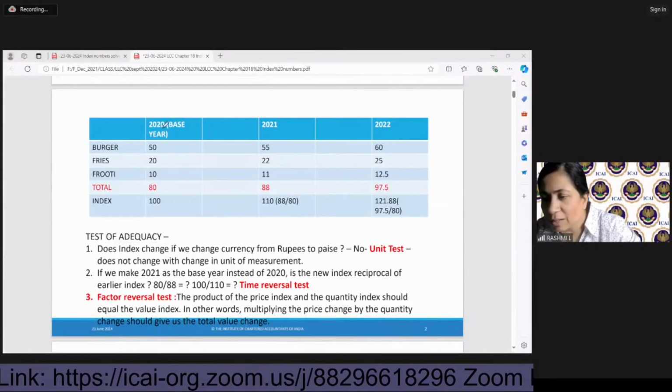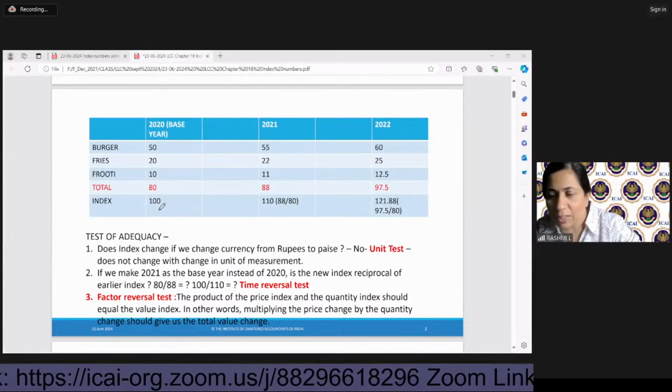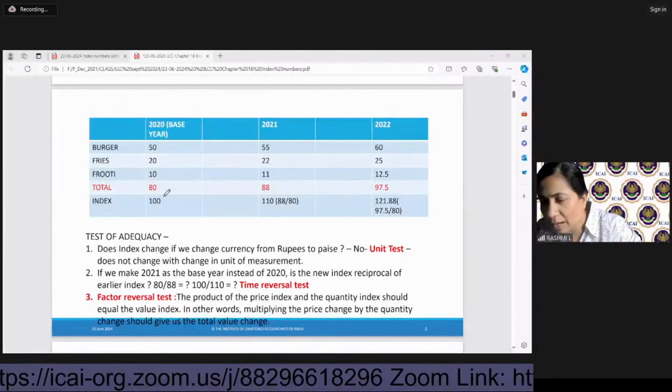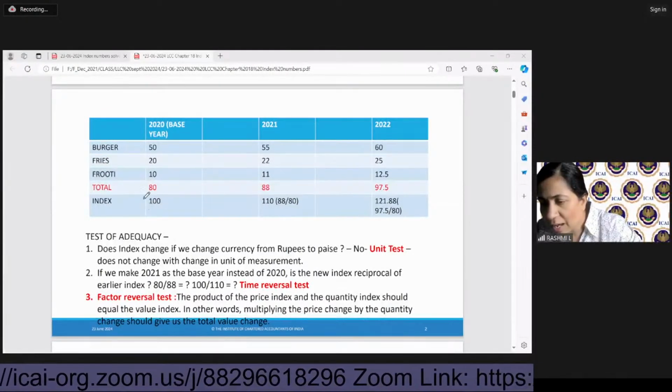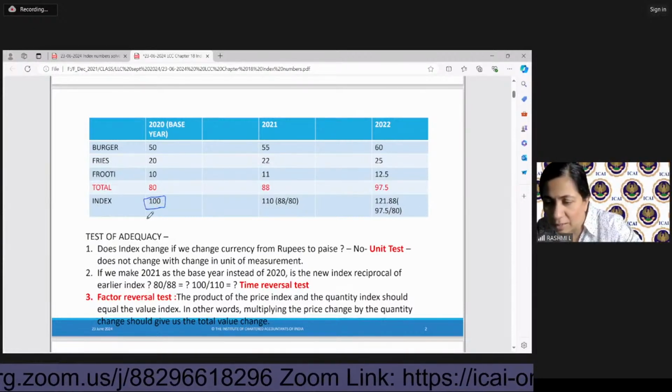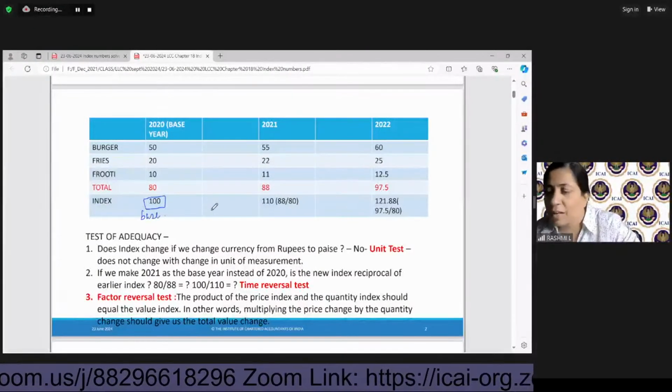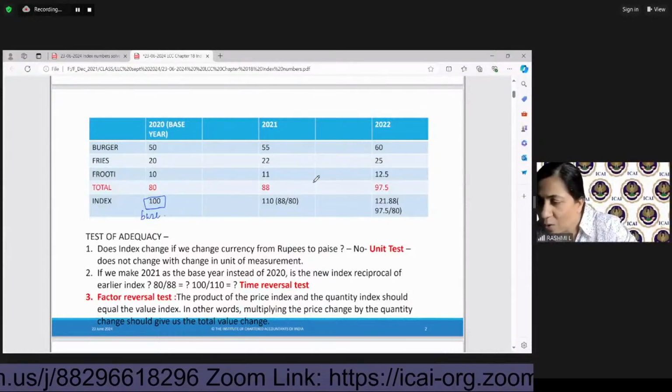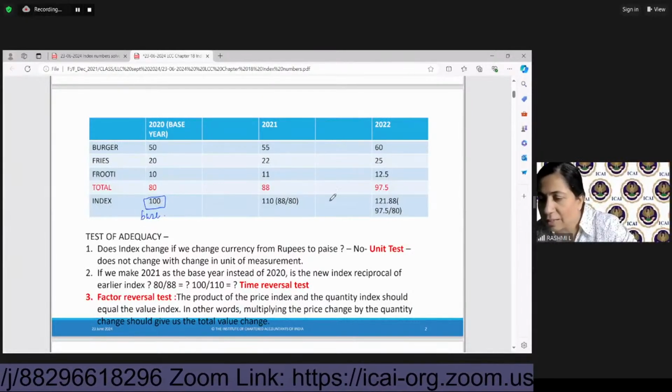So for 2020, the first year in which I took the information, I give an index of 100. Means I take this as the base year, base period, and then I compare all the prices against it.